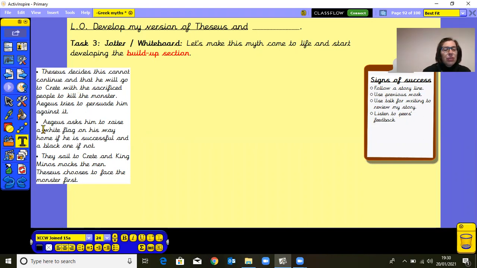Now, once again, you've got here on the side the main points of my build-up section. They were from my story. Obviously, it might be slightly different for you because you've got a different monster. Here again, we've got three main points.